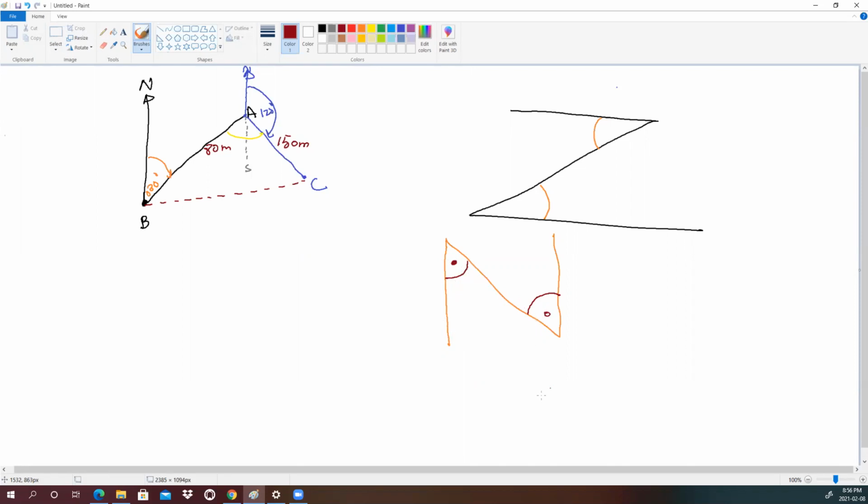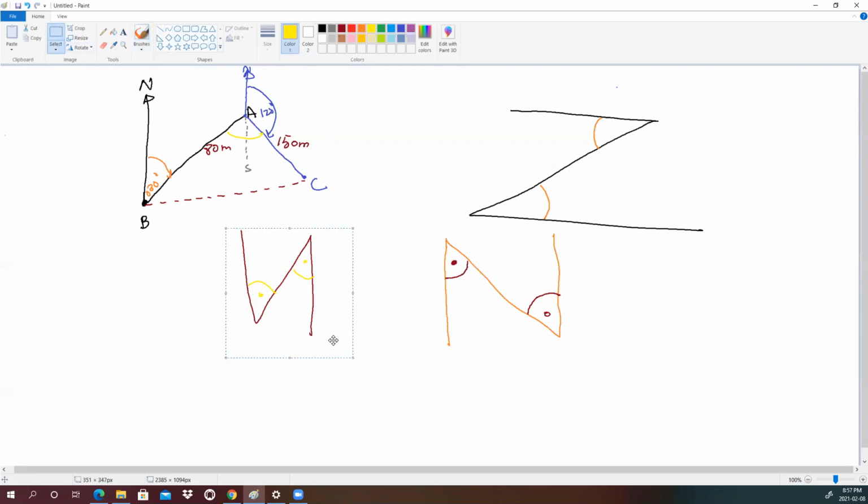And if the Z is backways or frontways, whichever way it is, this angle is still equal to that angle. So that is a rule that we're going to use to help us solve this bearing question here tonight.